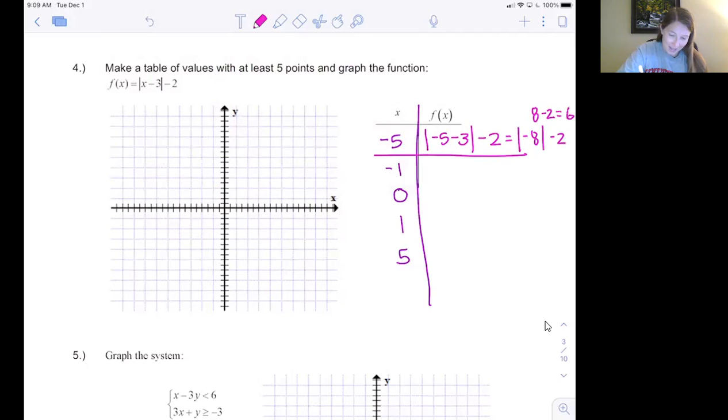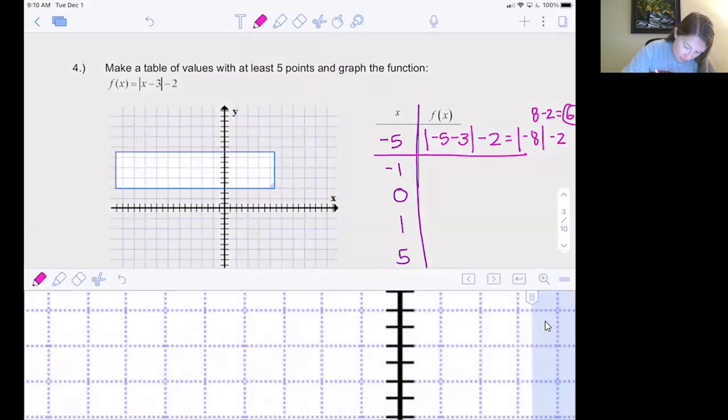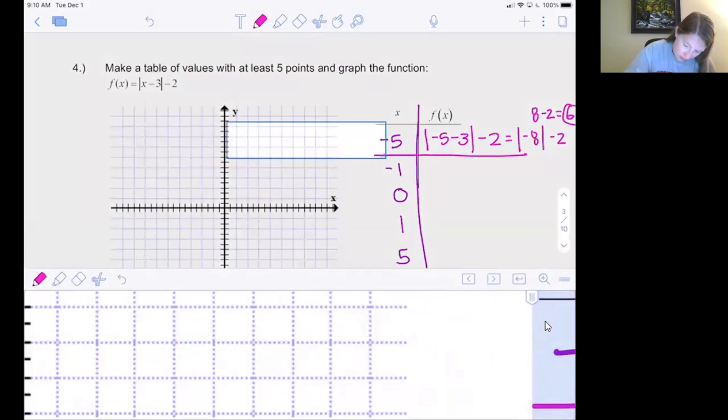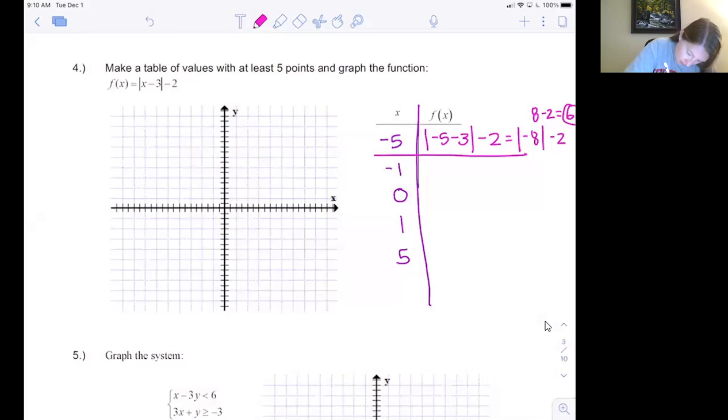So that is 6. So I'm going to go ahead and graph that point right now. So when x is -5, my y is 6. So about right there. Okay, I think that's right.